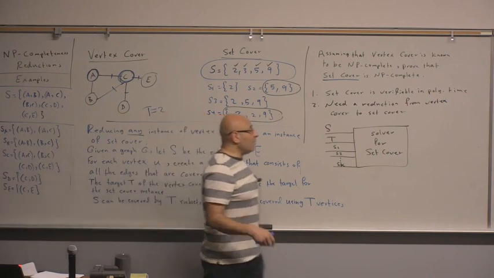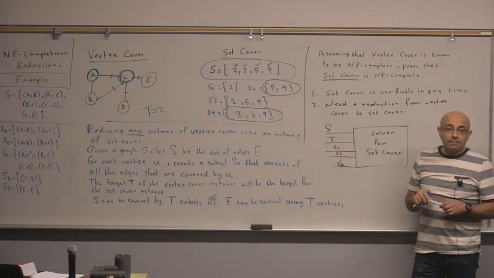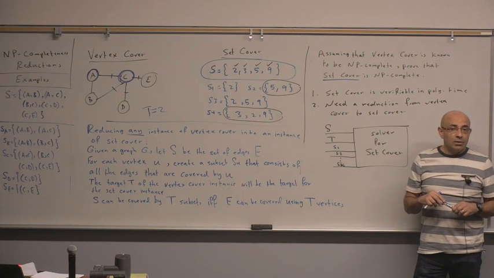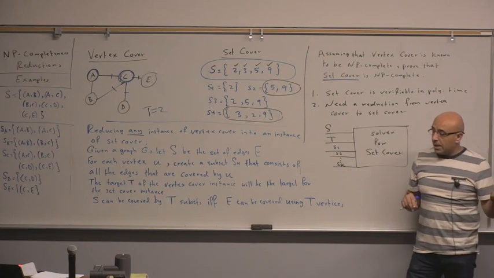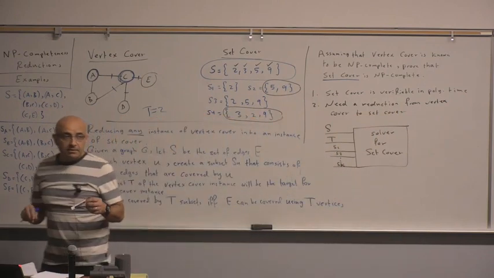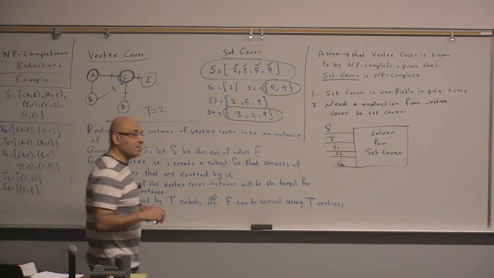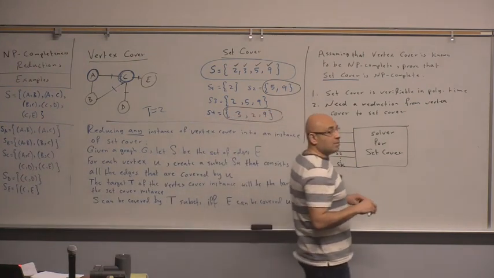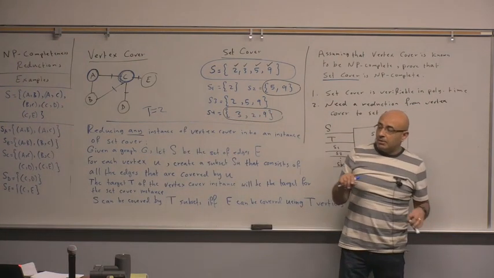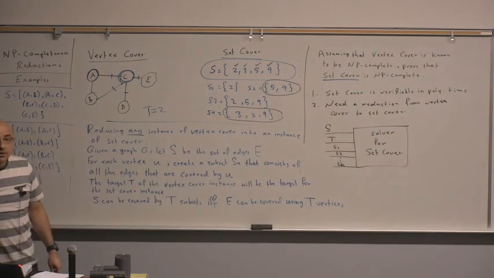Okay? So now I think we have enough NP-completeness examples. We have done Hamiltonian cycle to TSP. We have done subset sum and set partition. And we have done this example. So now this should give you a good idea about NP-completeness reductions.